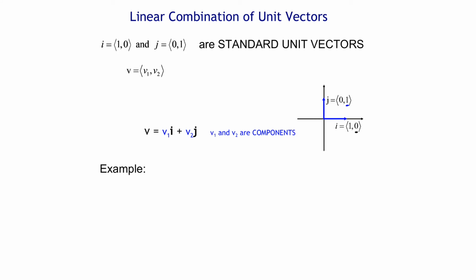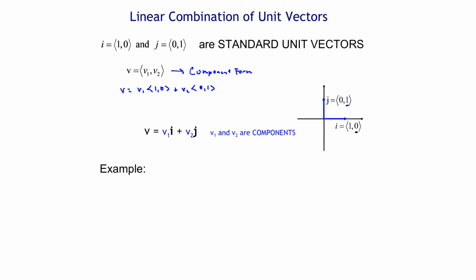And v is equal to v sub 1, v sub 2. That is your component form. And so we can rewrite this as v is equal to v sub 1 times i, or 1, 0, plus v sub 2 times j, or 0, 1.